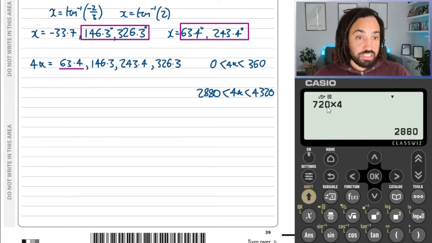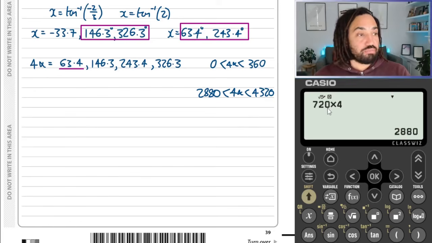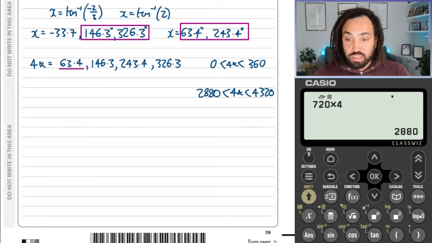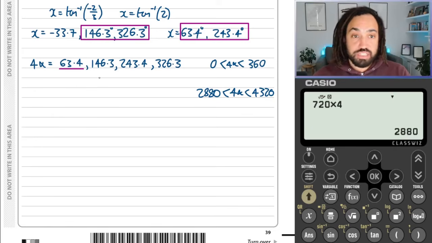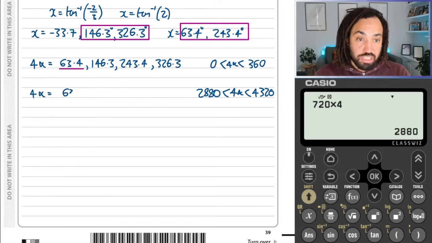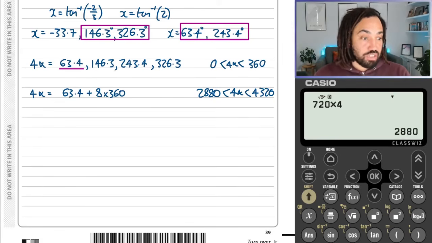So how many 360s is that? That's 8 360s. So we need to add on 8 360s. So 4 alpha is also equal to this plus 8 lots of 360s. And that should fall inside the range that we're looking at.